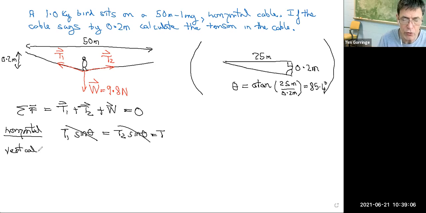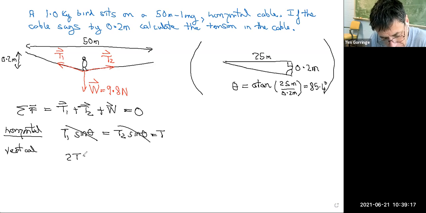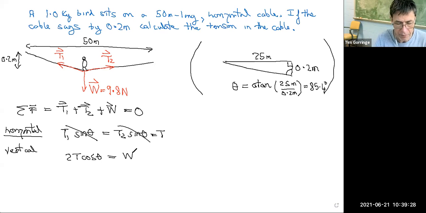And so the two upward forces, the two tensions, must be balancing the downward force from the weight of the bird. So 2 times the tension times cosine theta, that picks out the vertical components of the tension forces, must be equal in size to the weight of the bird. And so that's what the vertical analysis is telling us.